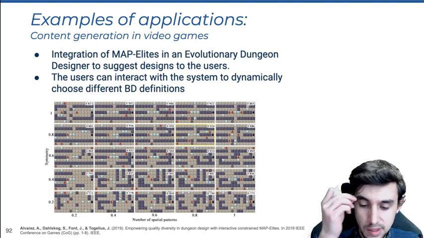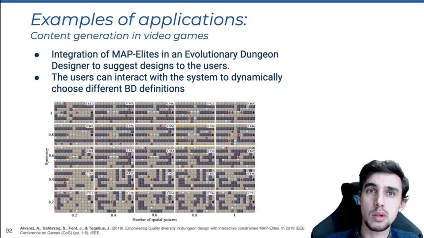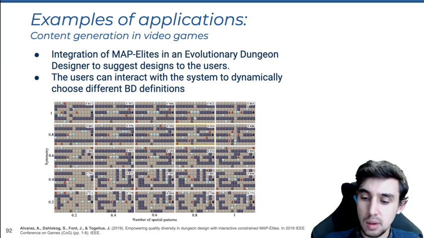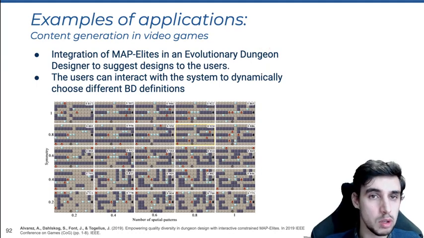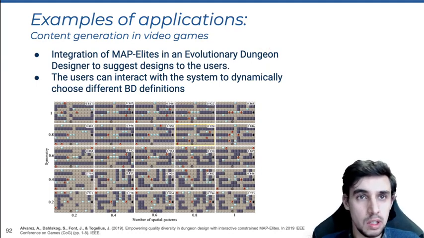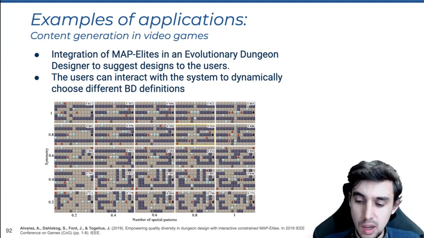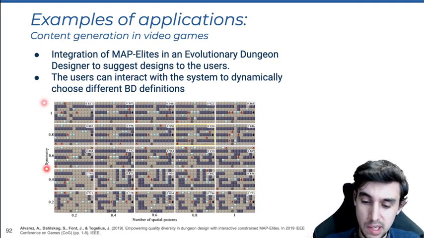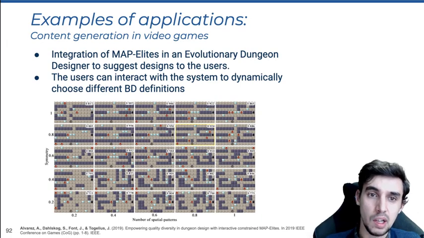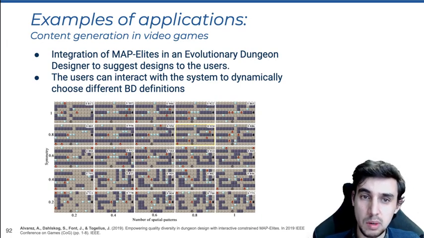The same team also used MapElites to generate dungeons in an evolutionary dungeon designer, in order to help a video game designer generate new content for their video games. So here you can see some examples of dungeon designs that can be generated by the algorithm.